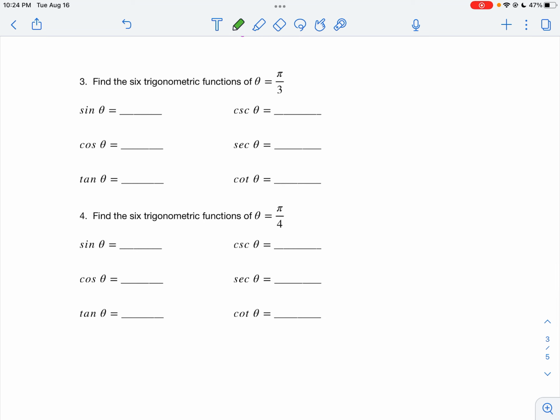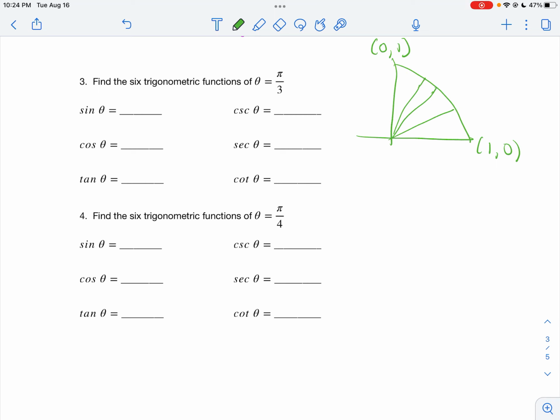So I want to find the 6 trigonometric functions of theta, which is pi over 3. Okay, so again, think back to what we just drew. That first quadrant, I start at 1. 1 comma 0 is my quadrantal angle. 0 comma 1 is my quadrantal angle.